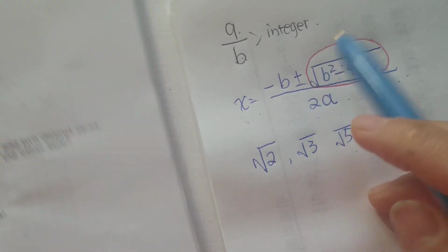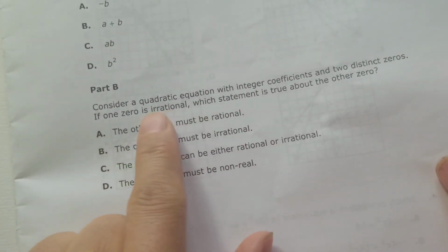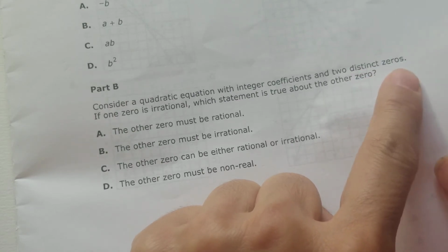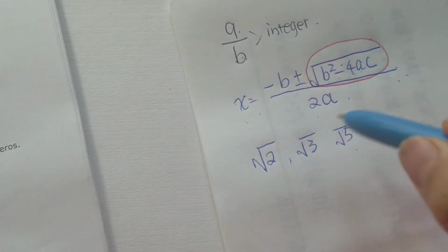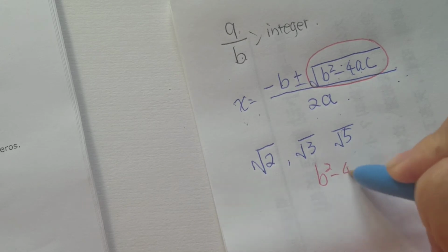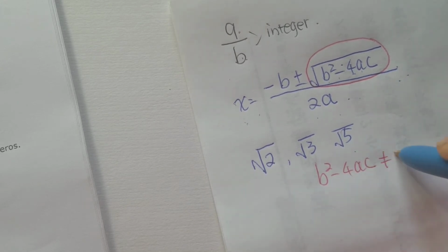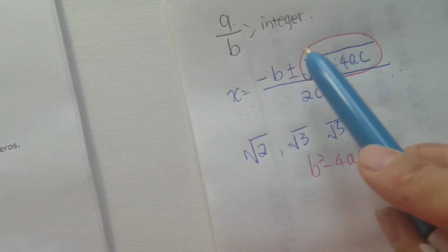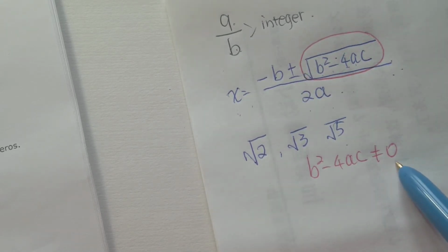And we also know the question said two distinct zeros, which means your b squared minus 4ac cannot be 0. Why? If this part equals 0, the square root of 0 is 0.